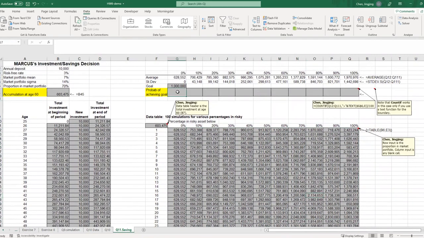Now we want to see the probability of achieving the goal. The goal will be $1 million.